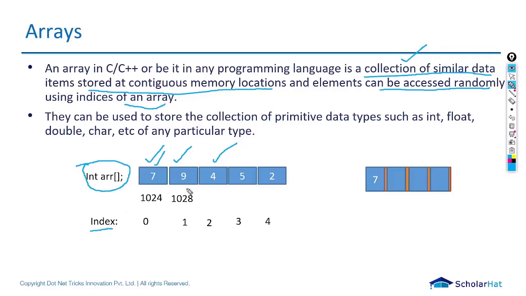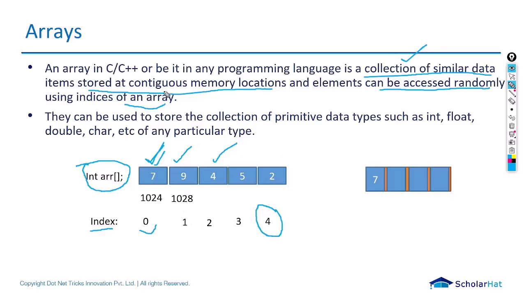First is the index. The index of an array starts from 0. So the first element's index is 0, the second element's index is 1, and it goes on similarly. It means if an array has n elements, the last index is going to be n minus 1. If it has 10 elements, the last index is 9. Here there are 5 elements, so the last index is going to be 4.